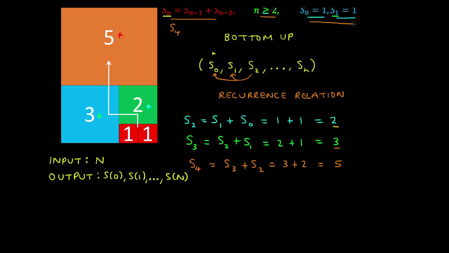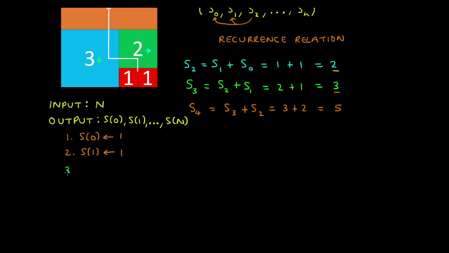And now starting off with the initial conditions, we set S0 to 1 and S1 to 1 and now we can output these first two terms in the sequence.